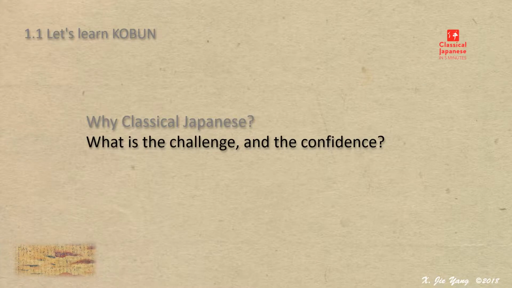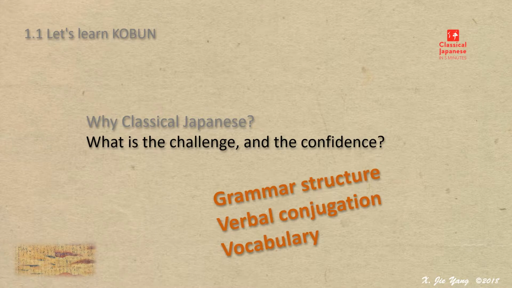What are the basic features of classical Japanese? First, the easy part. Classical Japanese is still Japanese. Therefore, basic language structures, such as sentence structure, the use of basic particles, and even more than half of the vocabulary are exactly the same between classical and contemporary.